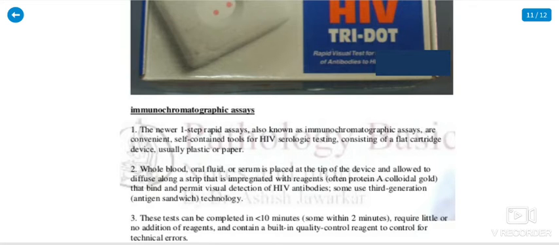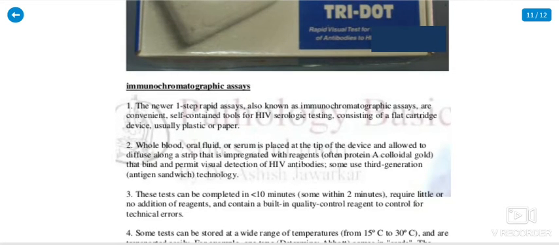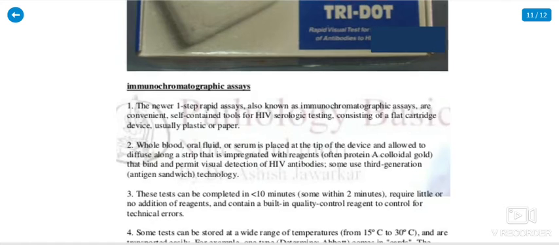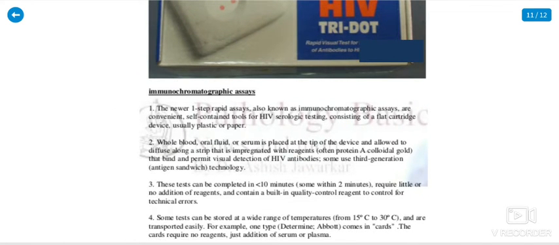They require little or no addition of reagents, and contain a built-in quality control reagent to control for technical error. Some of the tests can be stored at a wide range of temperatures from 15 degrees Celsius to 30 degrees Celsius.